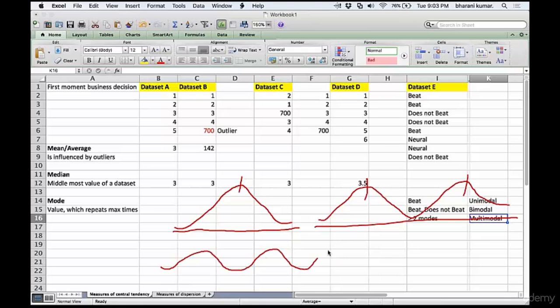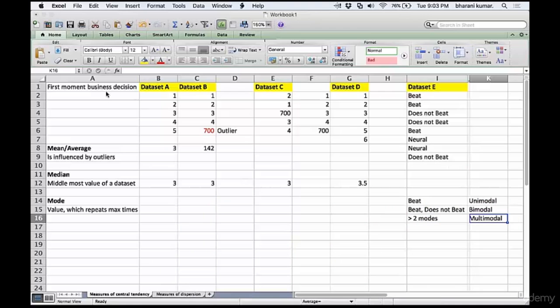And if you have 3 or more modes, it is called as multimodal. It could be mean, median, or mode, but there will be only one peak. All right. This is the explanation pertaining to mean, median, and mode.